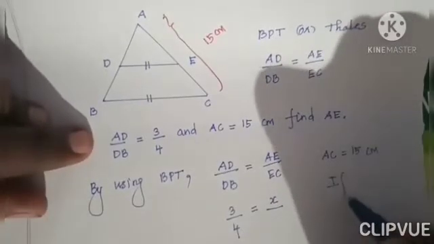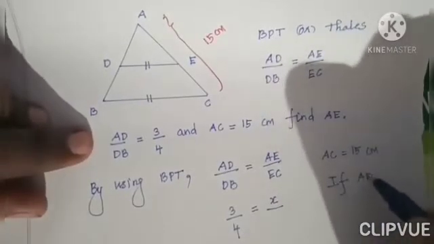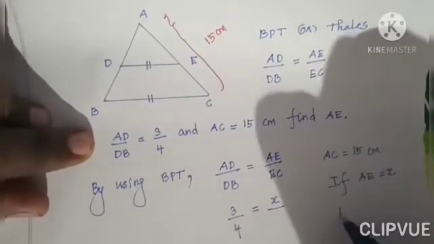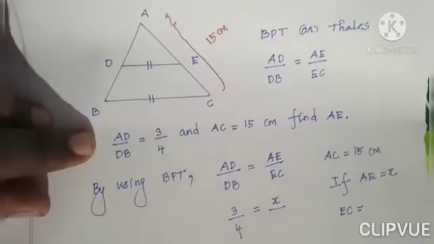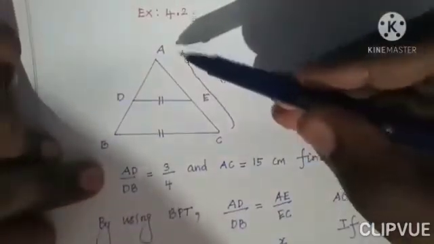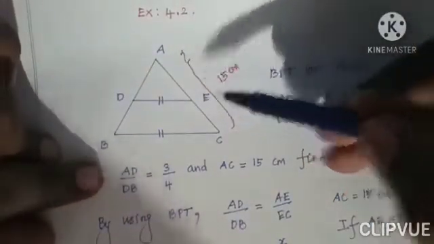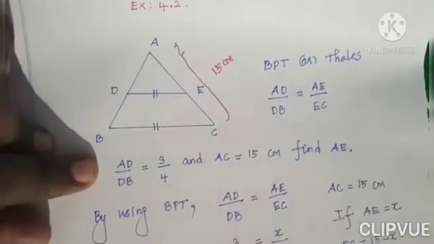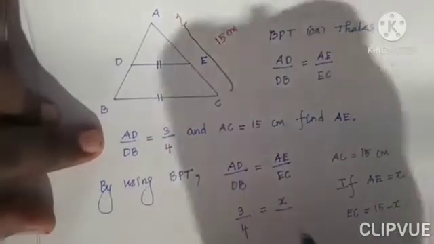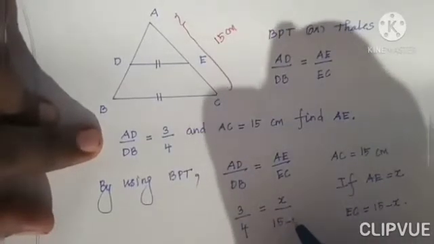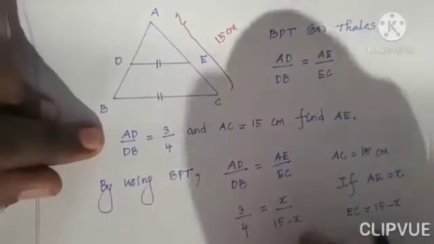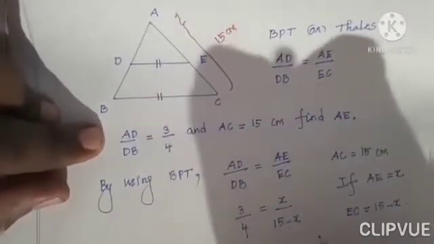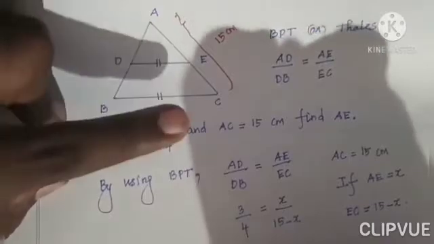If AE equals X, what is EC? EC is the total length minus the AE length. So total length 15 minus AE length X, so 15 minus X. Now I am going to simplify and we can get the value of X, which is the value of AE.